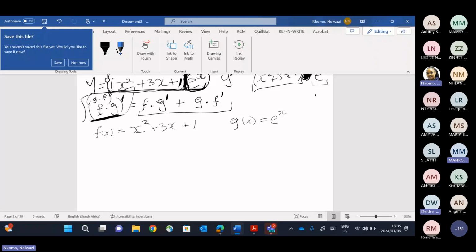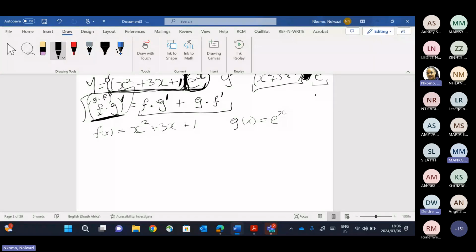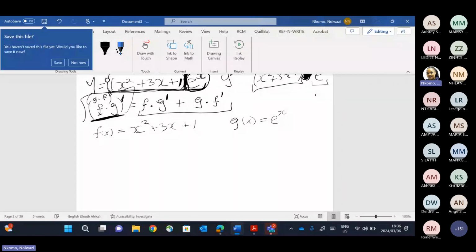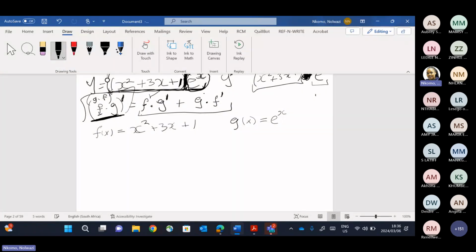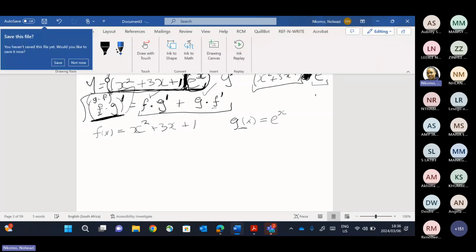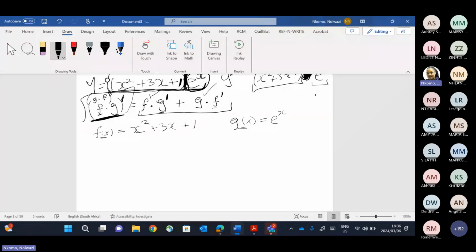No problem. We want to use this formula, right? We said this is our f and this is our g. But for us to use this formula, we need the derivative of these two functions. The formula needs the derivative of g and the derivative of f. We can find these derivatives from these functions. Let's find the derivative of f first.